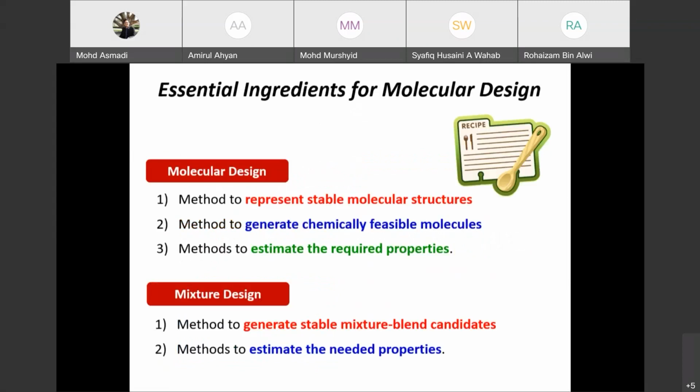First is a method to represent stable molecular structure that we have to implement. You cannot use something that is not stable, like something with a radical. Then a method to generate chemically feasible molecules and a method to estimate the required properties. While for mixture design, it must be homogeneous, which is a stable mixture blend candidate, and also a method to estimate the needed properties.